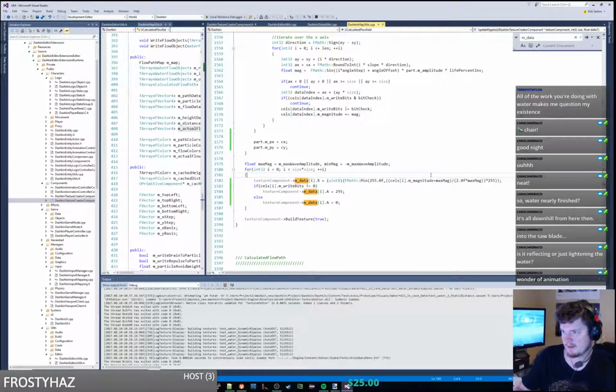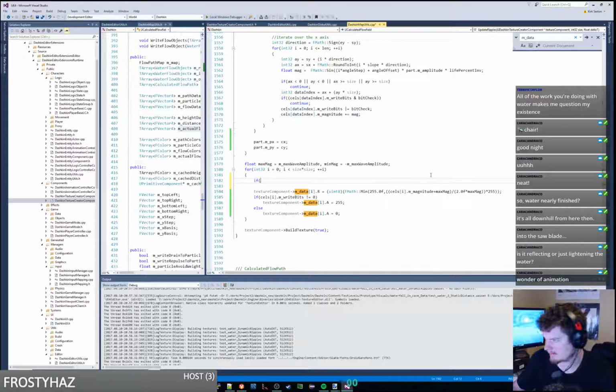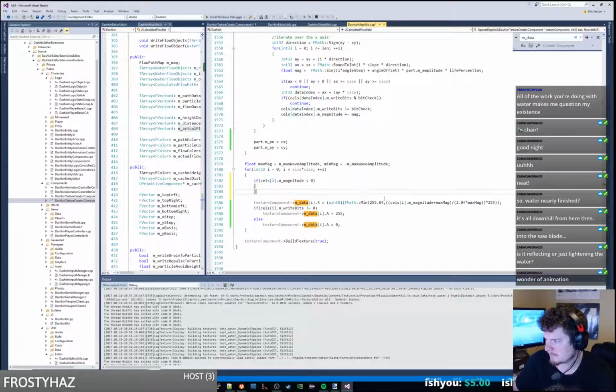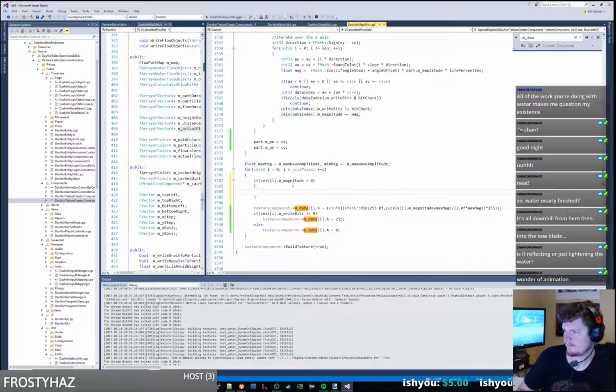And I guess I should have if cell sub I dot m magnitude is less than 0, we're going to go from what? I guess I could go from 0 to 0.5.